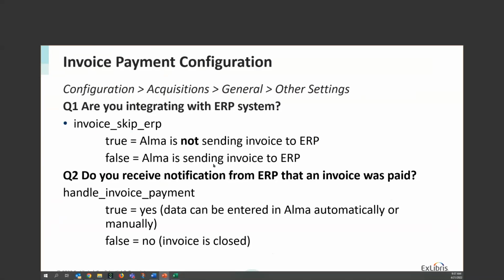False would be Alma is sending an invoice to the ERP, so anything that is not marked prepaid would be bundled up in that file, run on the job, and put on the FTP server. And then, do you receive notification from an invoice that was paid? If you do, yes, you would set handle_invoice_payment to true. Or if you don't want to do that and just want the invoice to close as soon as you approve it, just set that to false.